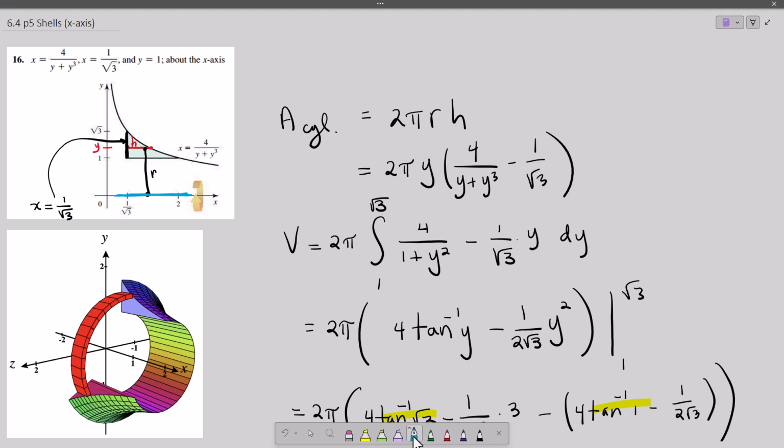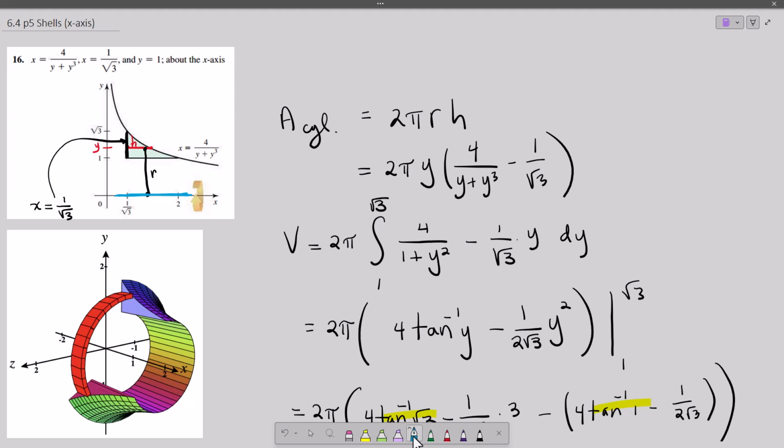So that radius is variable. It changes depending on the cylinder. Cylinder could be radius 1, radius 1.1, 1.2, all the way up to radius root 3. So that y coordinate is representing all the possible radial values for all the possible cylinders. So then we take care of that with our limits of integration.